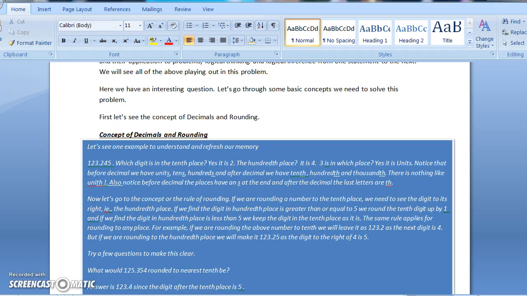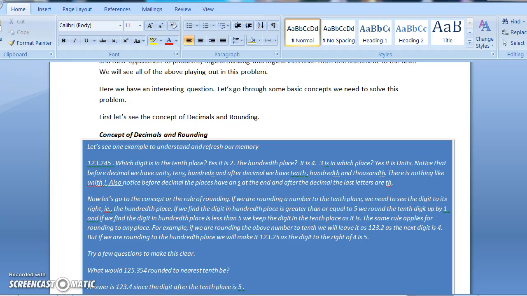Great. Now let's go to the rule of rounding. If we are rounding a number to the 10th place, we need to see the digit to its right, that is the 100th place. If the digit in the 100th place is greater than or equal to 5, we round the 10th digit up by 1, and if it is less than 5, we keep the digit in the 10th place as it is. The same rule applies for rounding to any place.